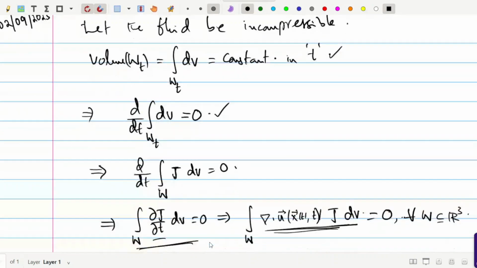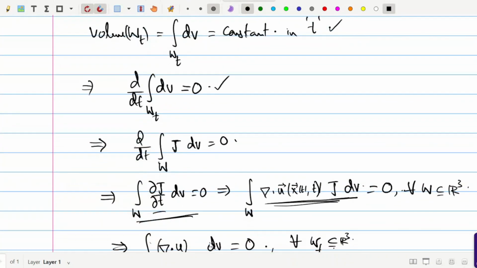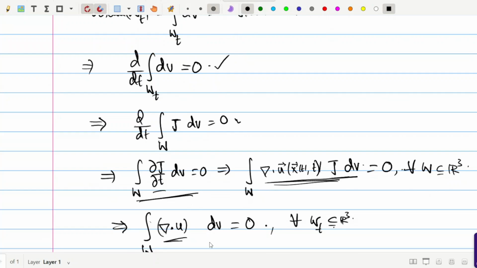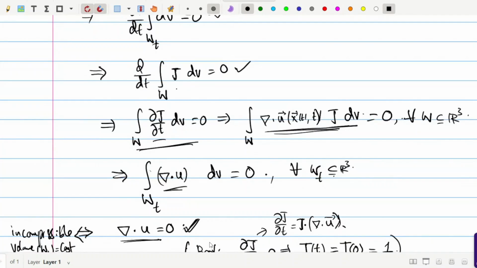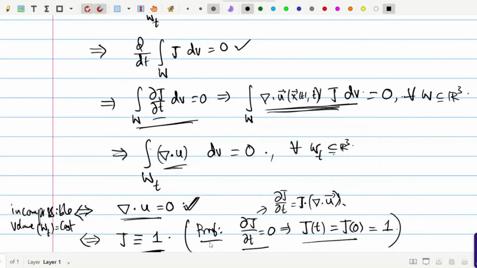You simply take the derivative on both sides as 0. Then you convert this with a change of variable, and because W is fixed, d/dt goes inside to ∂J/∂t. Now we know that ∂J/∂t equals J times ∇·u, and that equals 0. This is true for every W, which implies ∂J/∂t is 0.